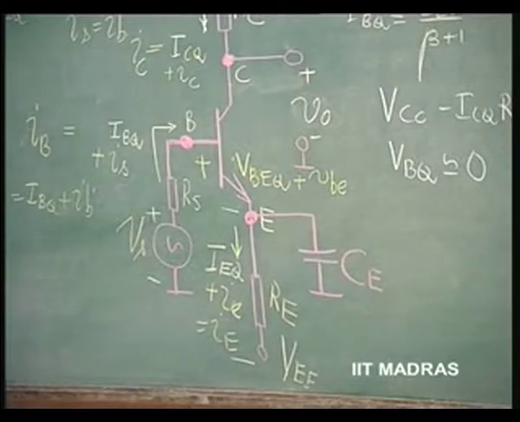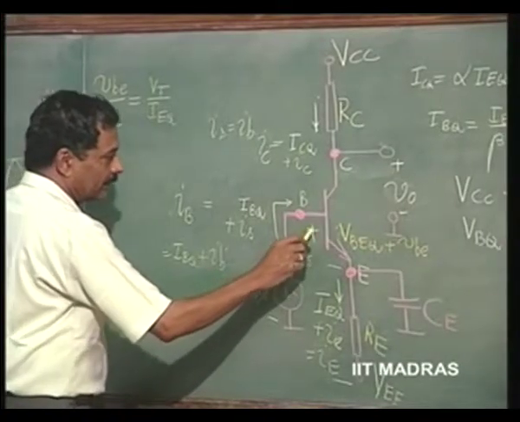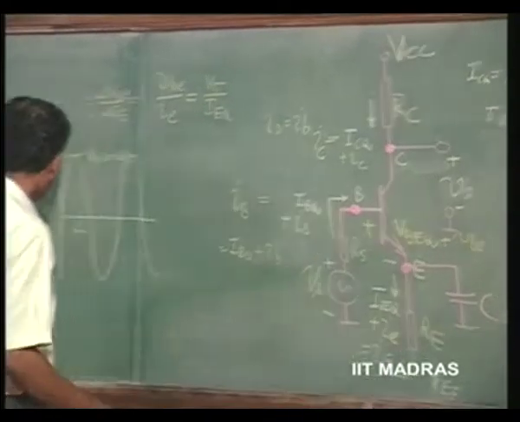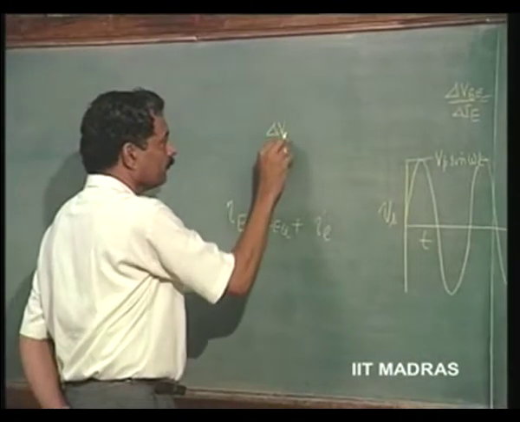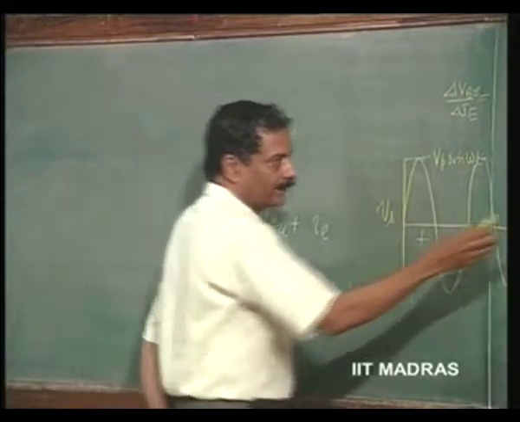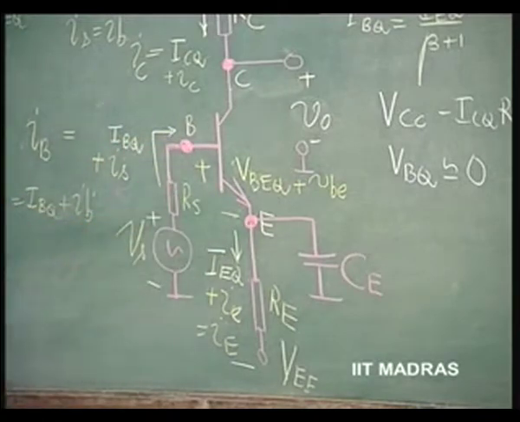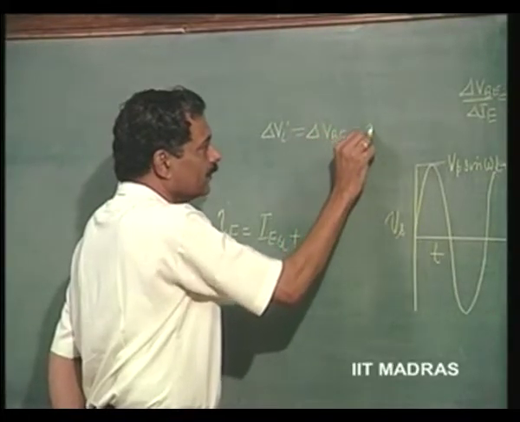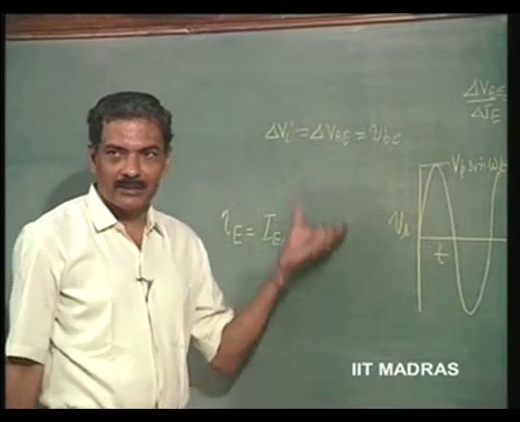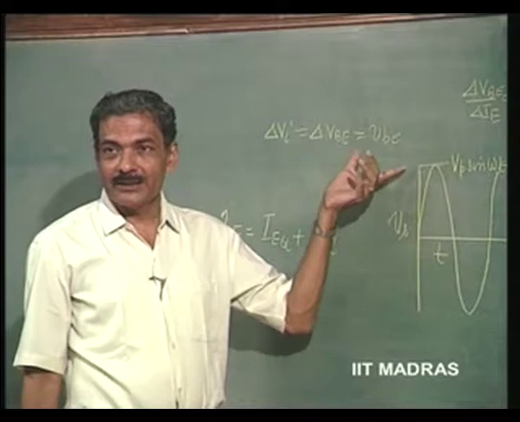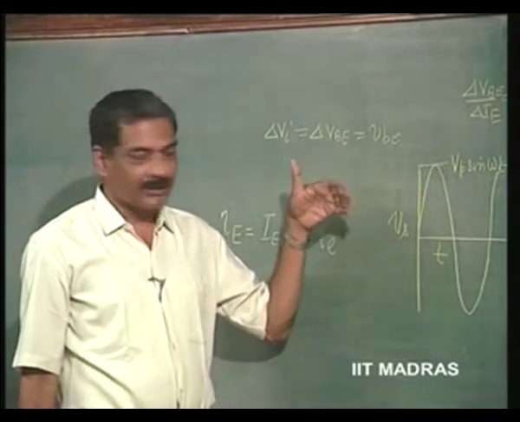So we can therefore say that this potential is going to be delta Vi, considering that this is the input to the amplifier. This is grounded, this is delta Vi, which is going to be the same as delta Vbe, and is now Vbe according to our new terminology. Instead of putting delta everywhere, we know that we are going to discuss these as time varying voltages.